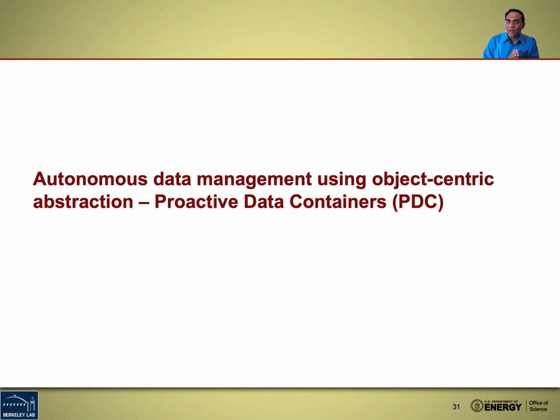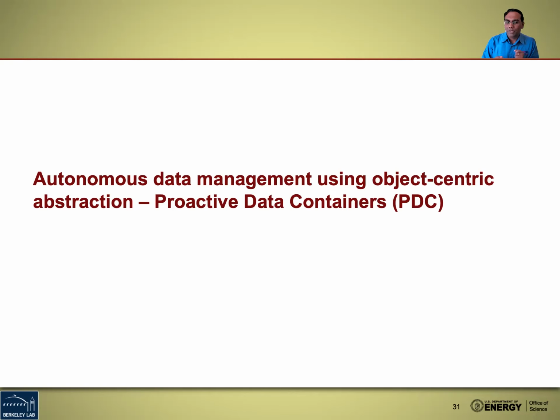Okay, so far I have been talking about HDF5. One of the things in HDF5 is it still follows the POSIX IO semantics, and the user is aware of where the file is located and how the data is stored in that file.